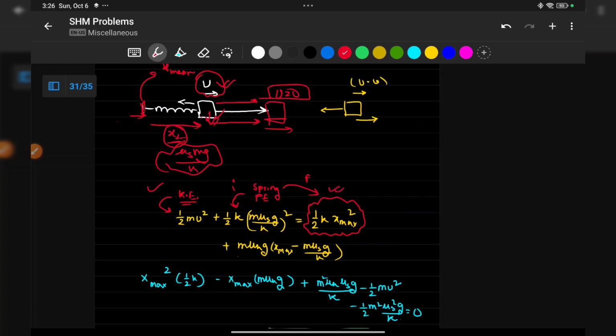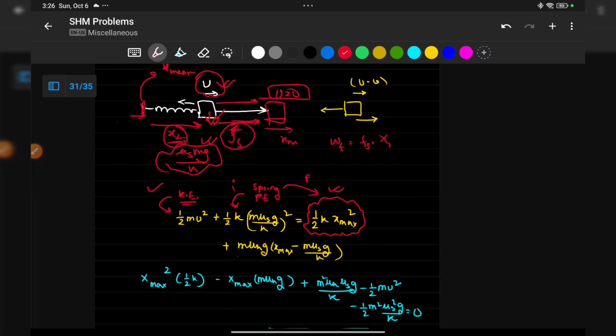force. Now, where is the force? What force is working on this thing? What is there to work? There is this friction, which is working on the block. So you can see the friction is working. This is x max, and this is mu s mg by k. Then the friction is Fs. The work done by friction would be Fs into x max minus mu s mg by k.